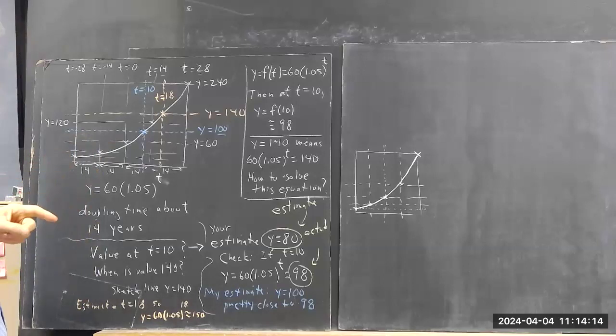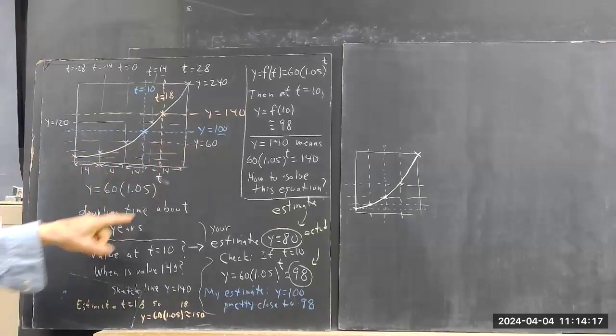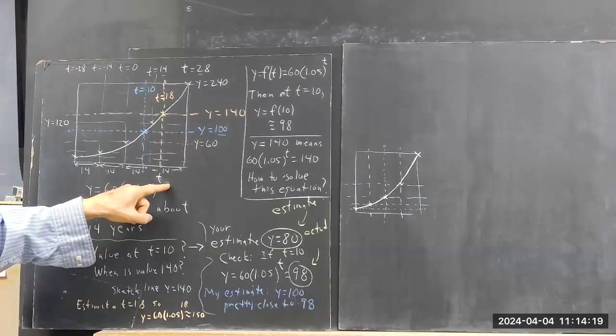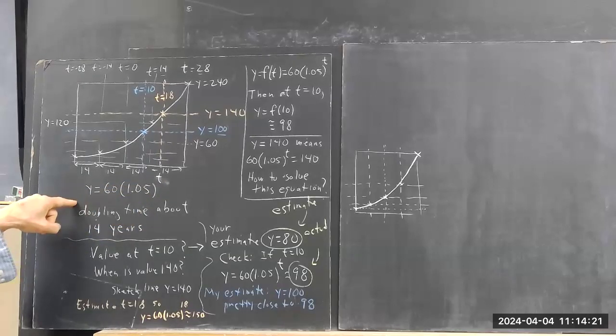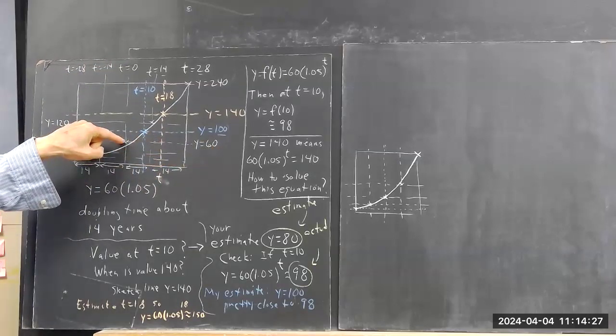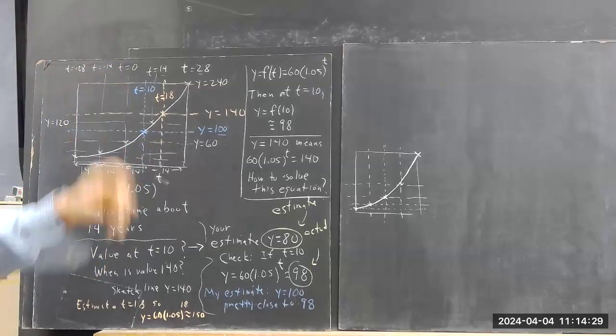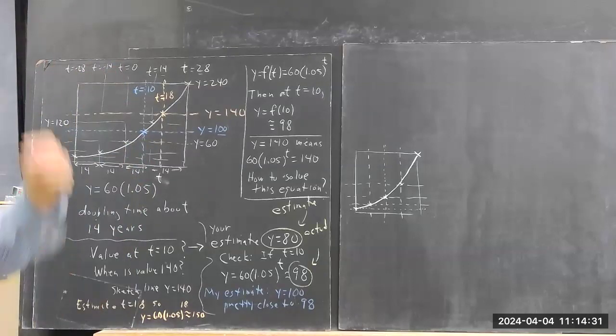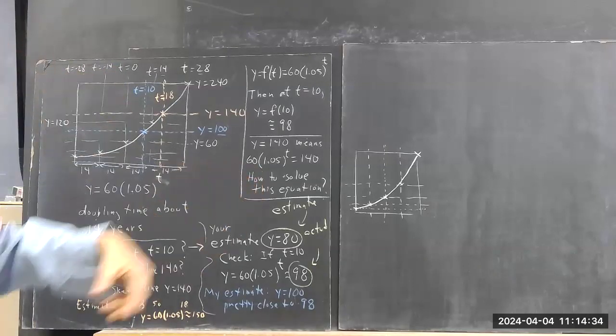So we want to understand that when t equals 0, 1.05 to the 0 is 1, and that gives us y equals 60. So here's t equals 0, and here's y equals 60. We should have gone through this point. Well, we're close enough. We'll live with a little bit of discrepancy because we're going to learn to do the algebra and everything.